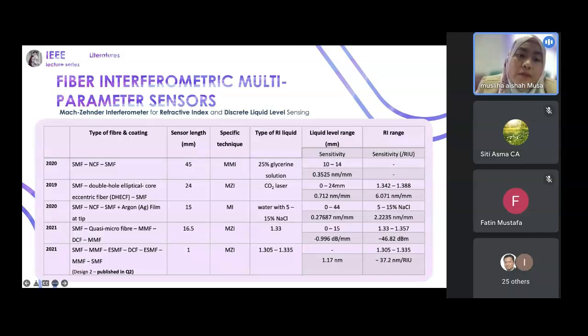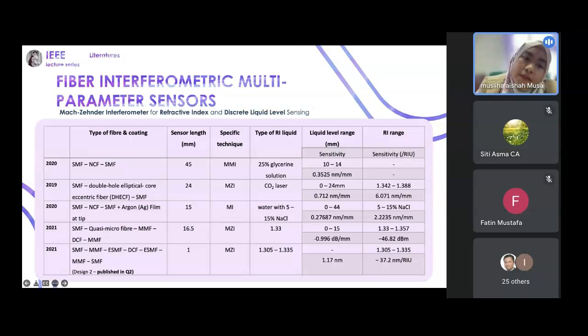Okay, next. This is an example for refractive index and discrete liquid level. For this one, they use a knot fiber, and the length is 45. And the technique that they use is the Michelson interferometer. We can also use a double hole elliptical core to sense the refractive index and also liquid level.